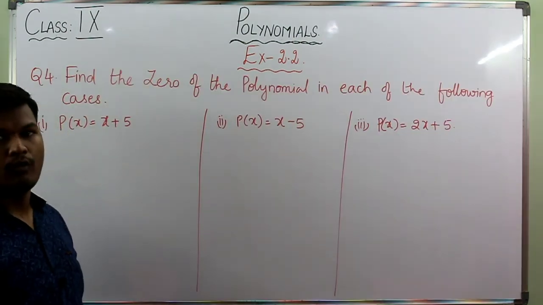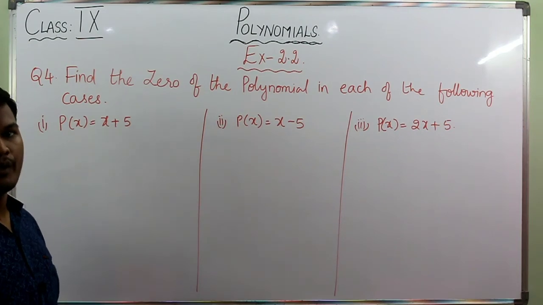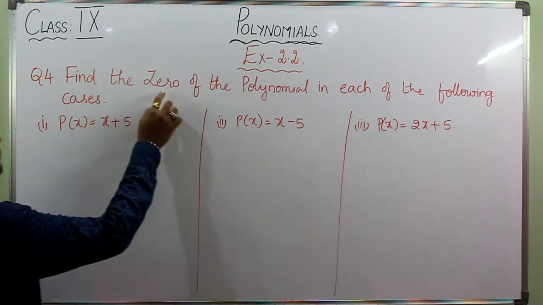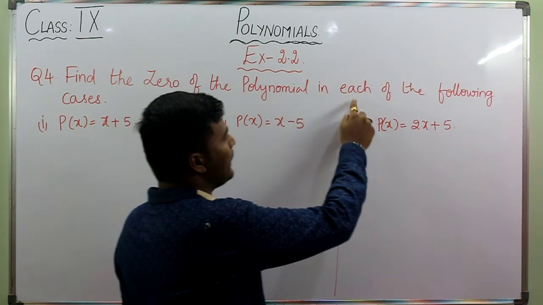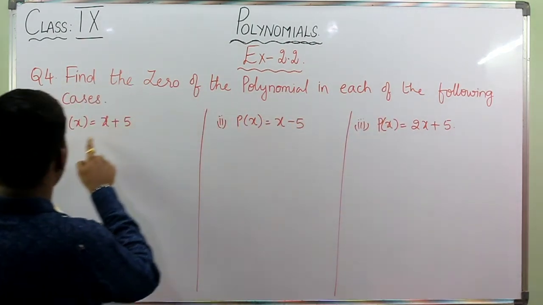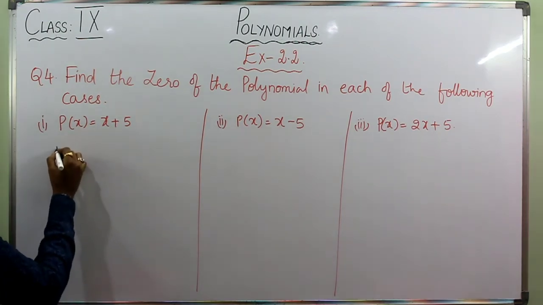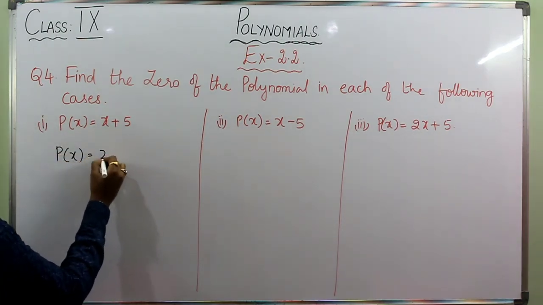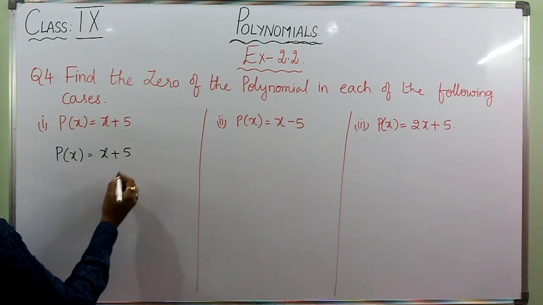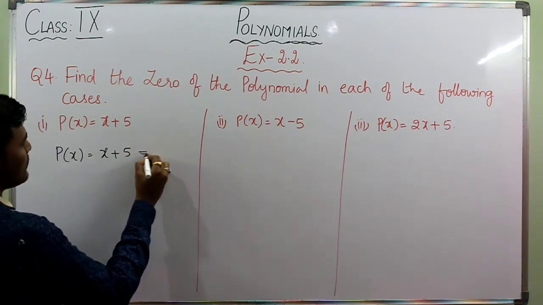Now question number 4 of exercise 2.2: find the 0 of the polynomial in each of the following cases. The first one is P of x is equals to x plus 5. So consider P of x is equals to x plus 5 and equate this x plus 5 to 0.